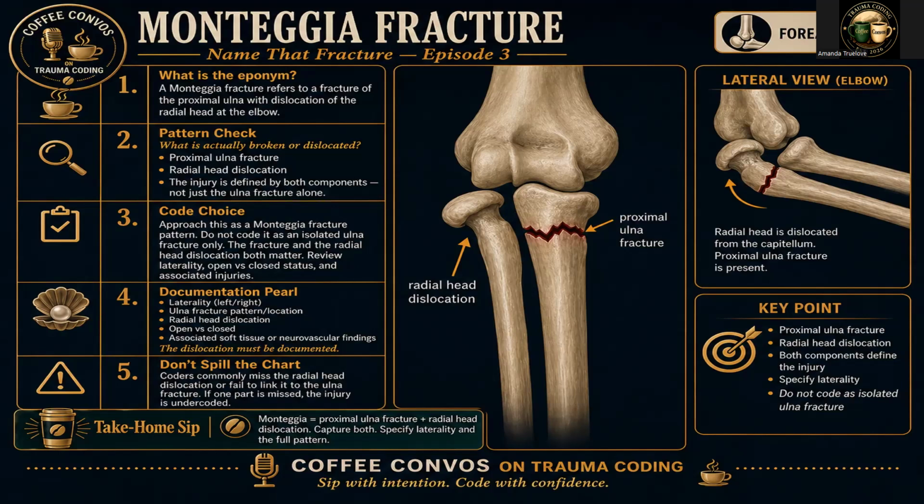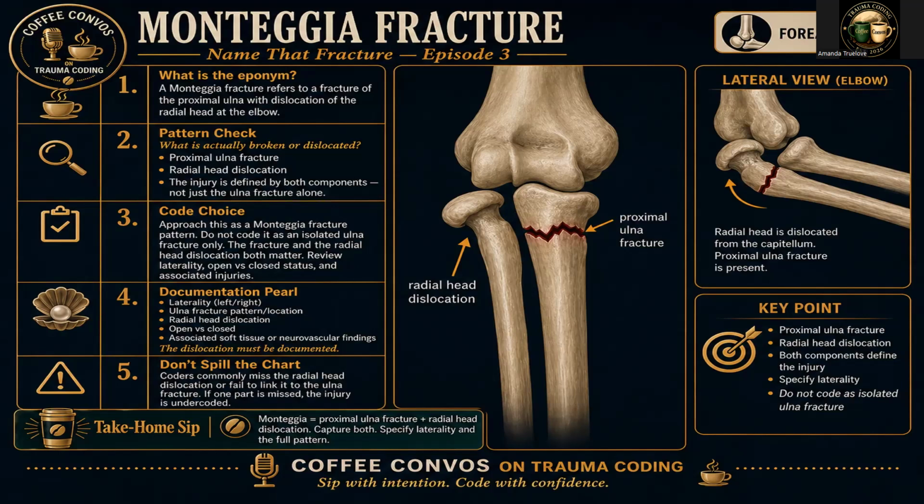Another common mistake is allowing the injury to stay documented as just some sort of generic forearm fracture, when there is elbow misalignment that's actually part of the pattern. If we have that misalignment of the elbow, we need to capture that. So our take-home sip is that a Monteggia fracture is not just an ulna fracture, right?